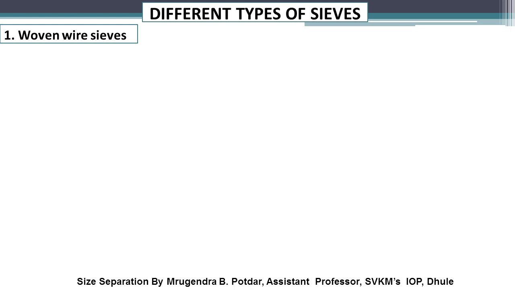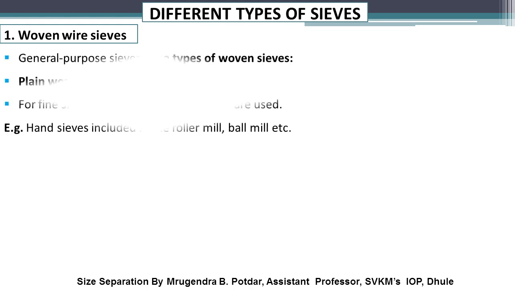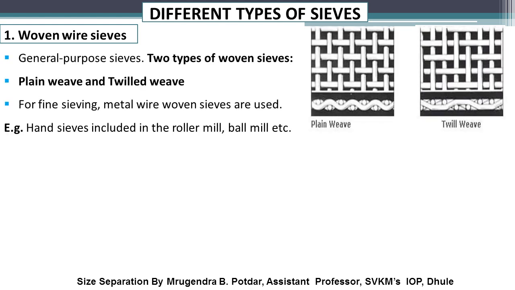In that, first, the woven wire sieves. The woven wire sieves are general purpose sieves and most widely used in the pharma field. The types of woven wire sieves are plain weave and twill weave. The nature of the sieve surface is shown in the figure.